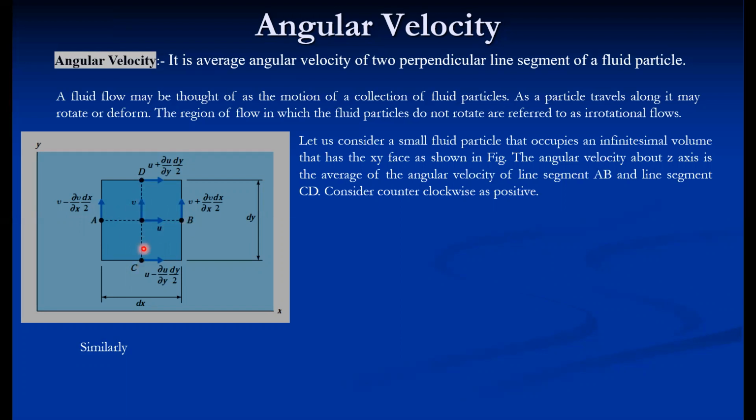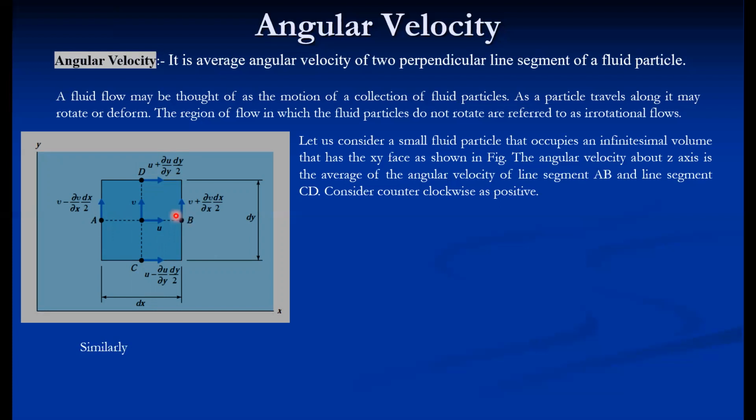Similarly, in order to rotate the line segment CD, there must be a velocity distribution, that is the x component velocity distribution, the normal velocity component. For the vertical line segment, the normal velocity component is u. For the horizontal line segment, the normal velocity component is v.